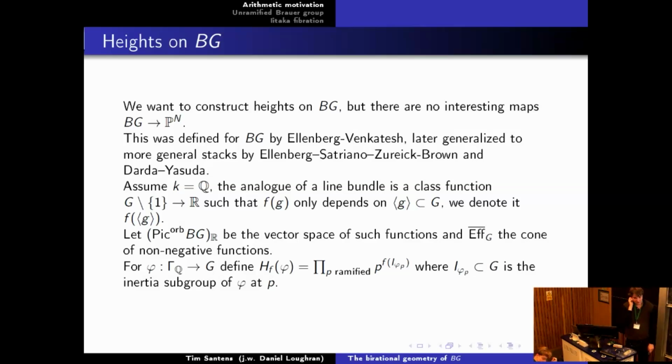If you take F_q(t) instead of Q, is it more complicated to define the analog of line bundle? Sorry, what? If you replace K by F_q(t), is the definition the same, or do you take something more into account? For F_q(t) it's the same, but for other extensions, if you look at the number field extension, then instead of having it only depend on the subgroup, you have a slightly different condition.